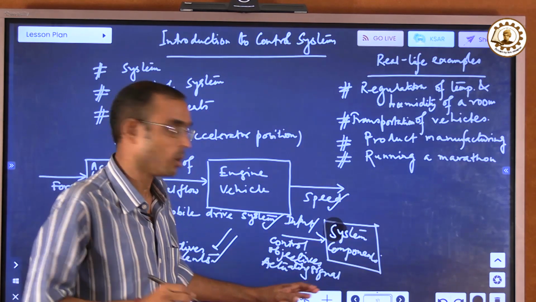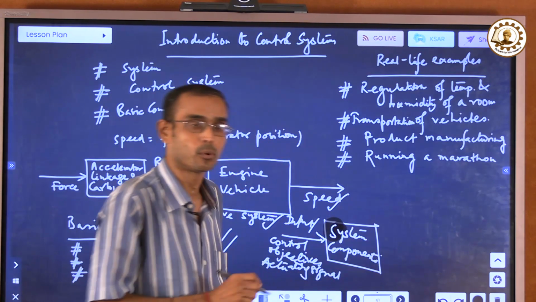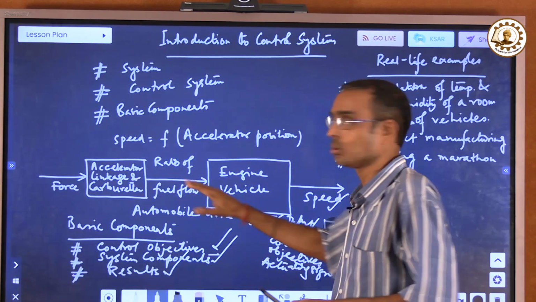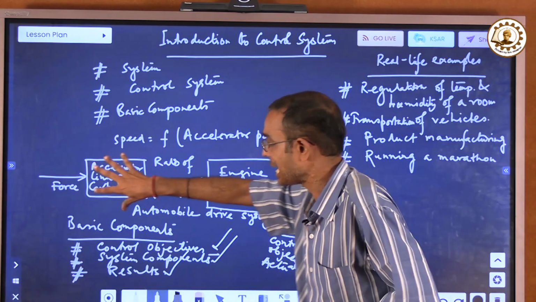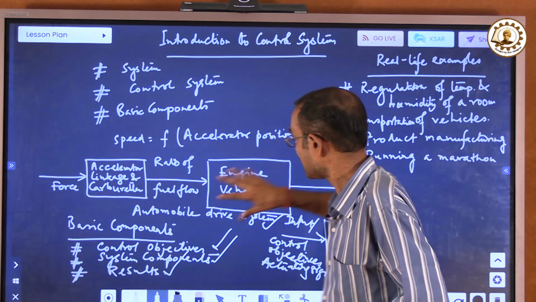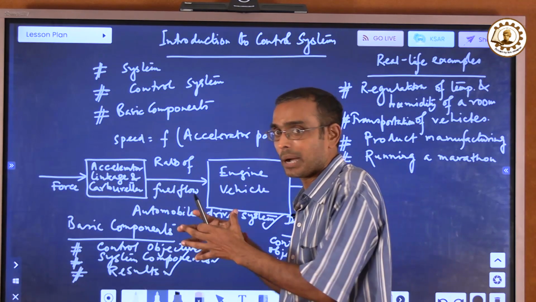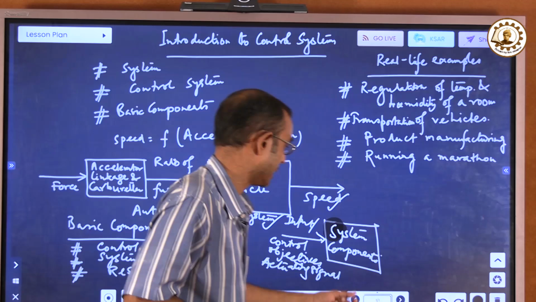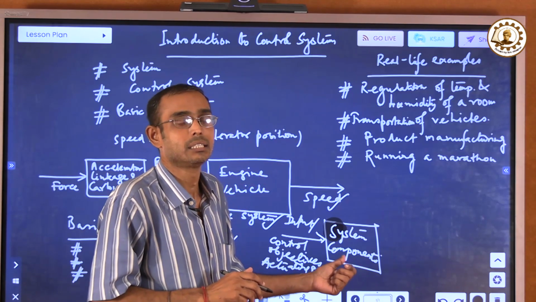If we now compare these two diagrams, the accelerator, linkage, carburetor and engine vehicle from this example are combined into one single block, represented here as system components.